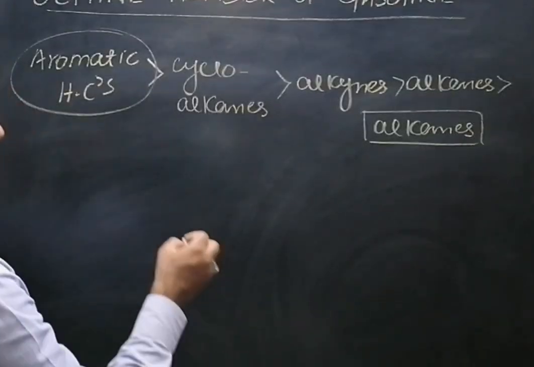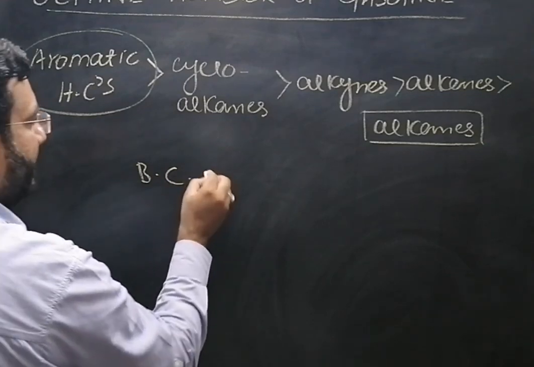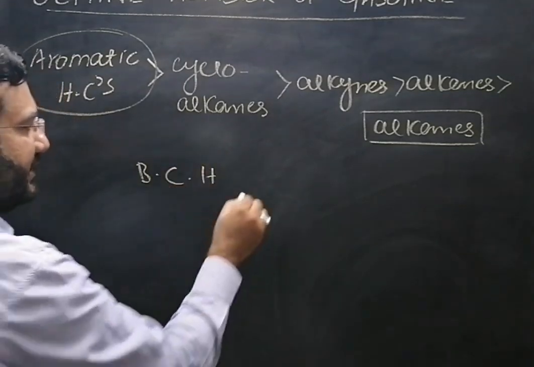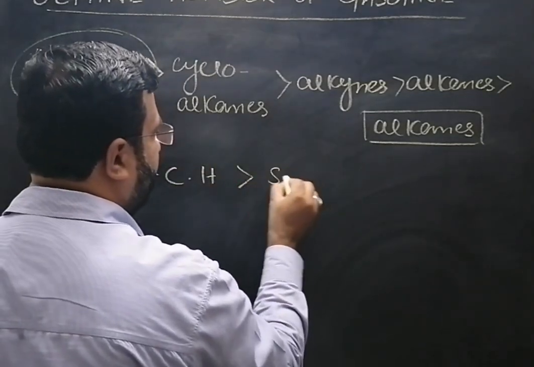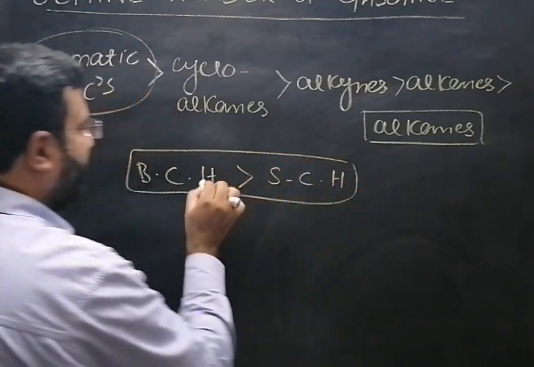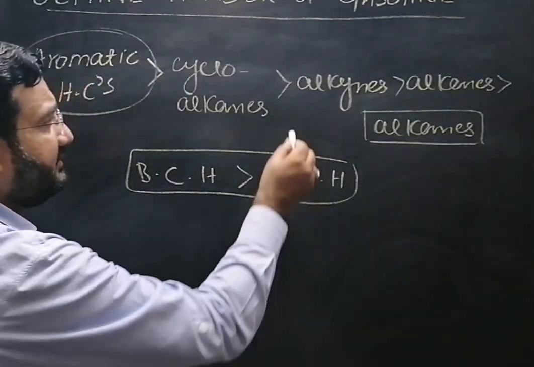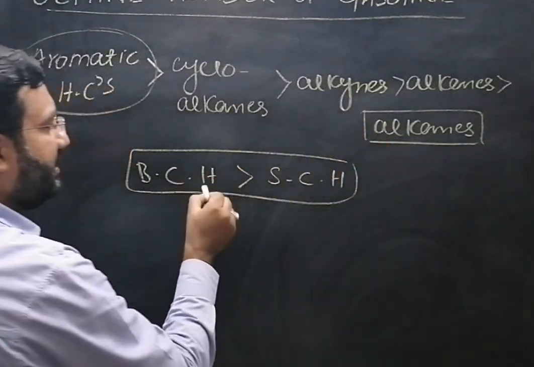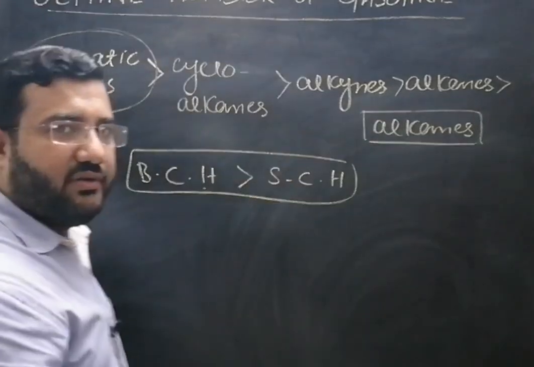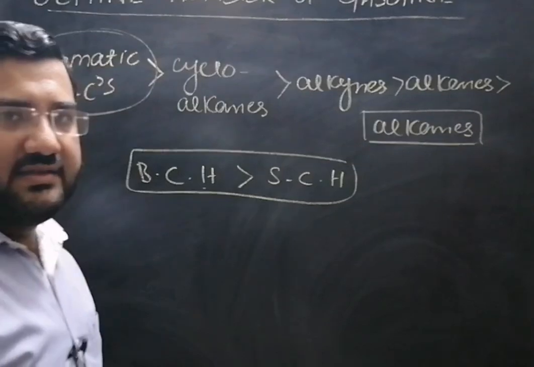And keep in mind that it is a normal routine matter that branched chain hydrocarbons always have higher octane number as compared to straight chain hydrocarbons, and they have lesser tendency to cause knocking. Just like in the case of alkynes, the branch chain alkynes have high octane number as compared to the straight chain alkyne. Same is the case in the alkanes and the alkenes.